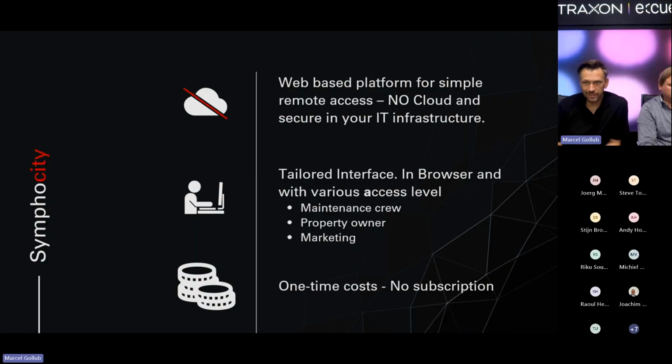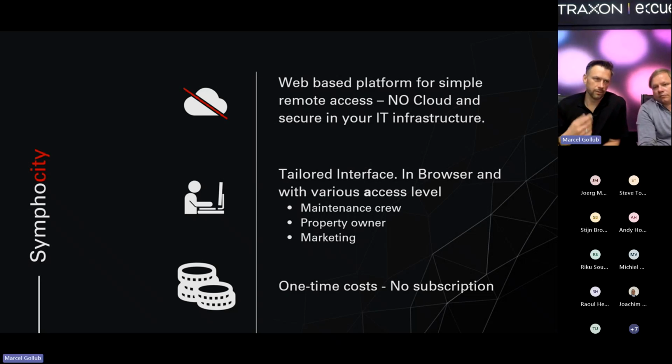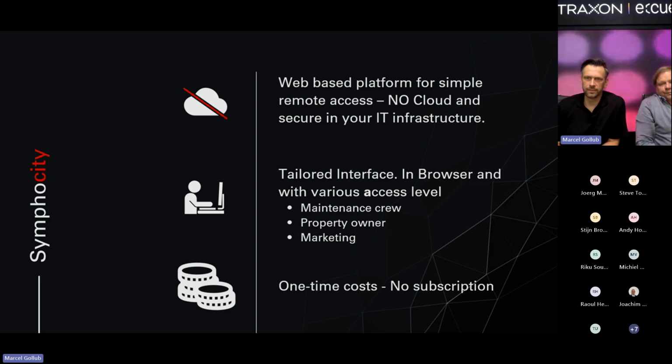One benefit is that it is not a cloud solution. So if you purchase Symphocity, then Symphocity is yours. You can install it in your own IT infrastructure or the IT infrastructure of the customer. Especially if you're working with cities or public government projects, you always have the hassle that they don't want to have data in the cloud.